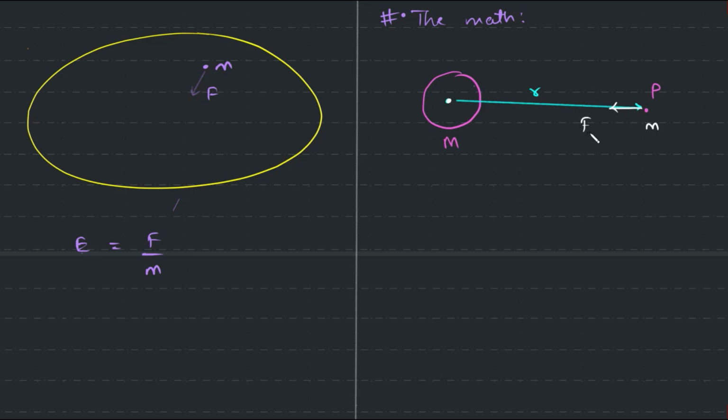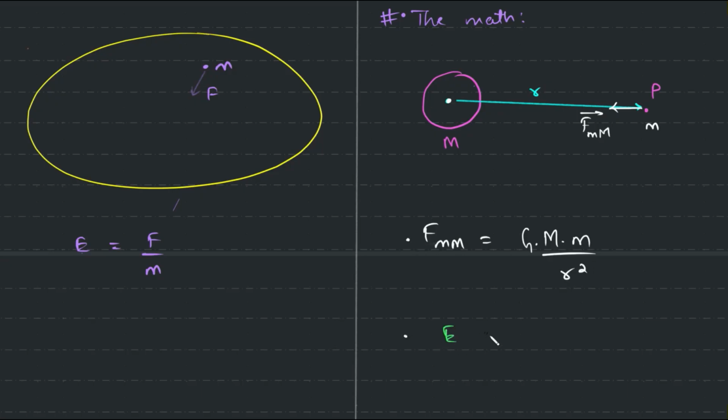That can be the force on small m by big M. So this will be equal to G M m by r square.